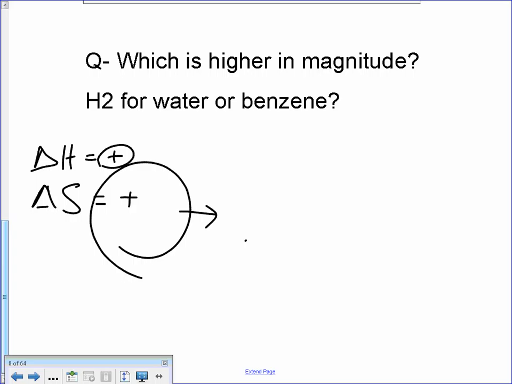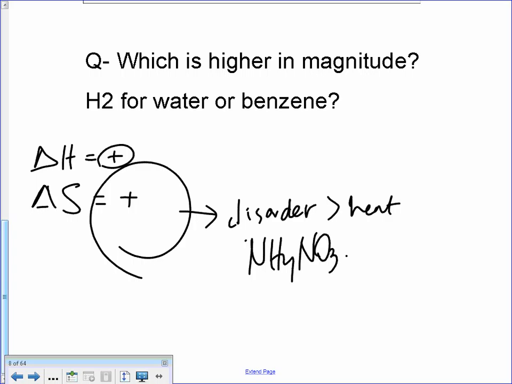So that disorder is more significant in this case than the enthalpy, the heat part. So ammonium nitrate, NH4NO3 solid, going to aqueous form, will occur because it is thermodynamically favorable overall, because the entropy is much greater than the amount of heat that is taken and absorbed, the delta H part.